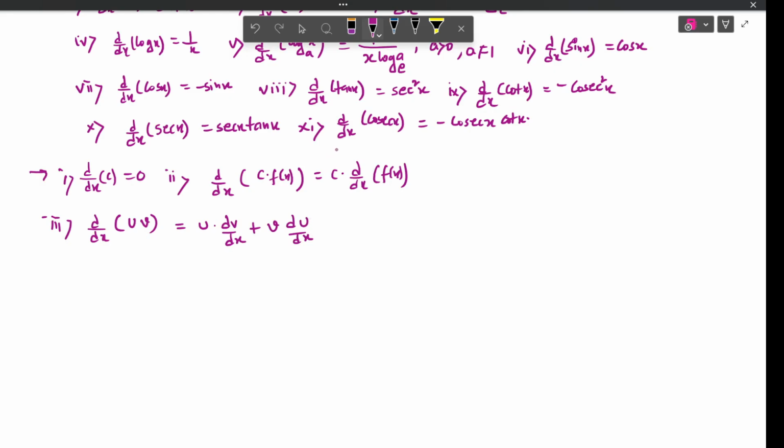Okay, you can apply this rule for 3 functions, but in that case, if this consists of u v w, then you can take u as one function and v and w as other functions.